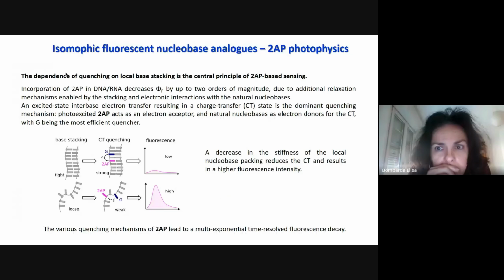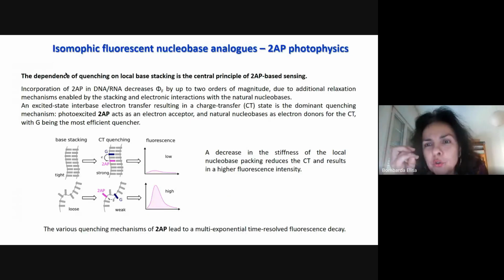2-aminopurine can be a good probe. The central principle of 2-aminopurine sensing is the dependence of the quenching process on local base stacking.